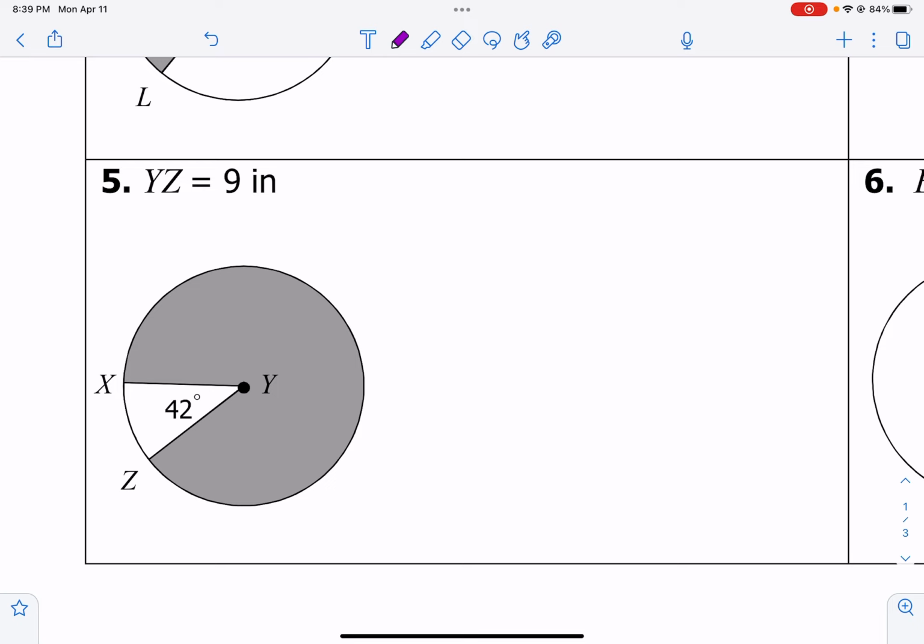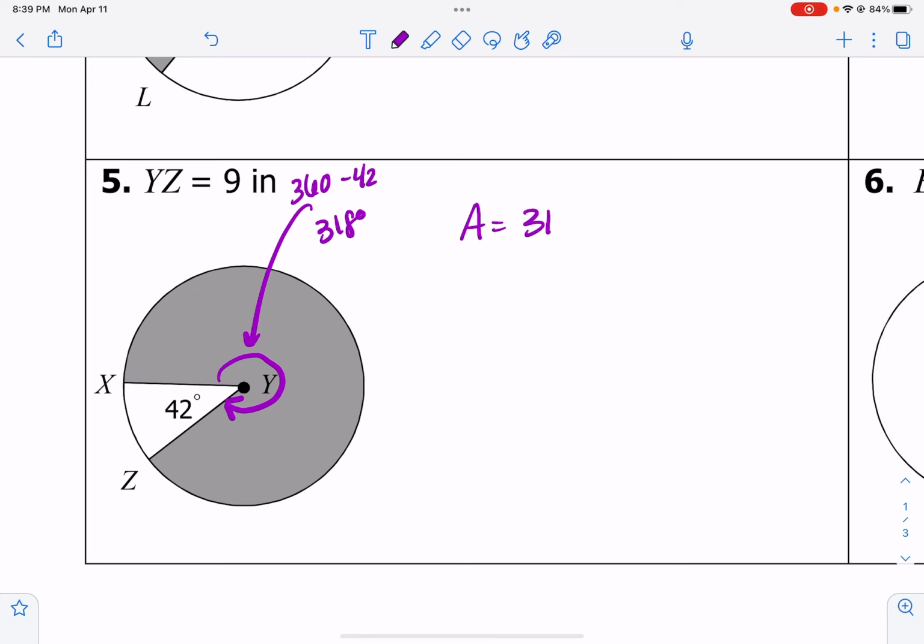Number 5 is similar. I'm given just the tiny little piece, but what I'm looking for is this big reflex angle. So this angle is 360 minus 42, which gives us 318 degrees. So the area is 318 times pi times our radius, 9, squared, divided by 360.